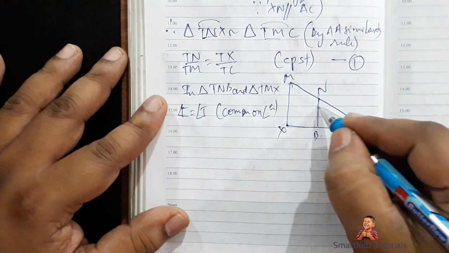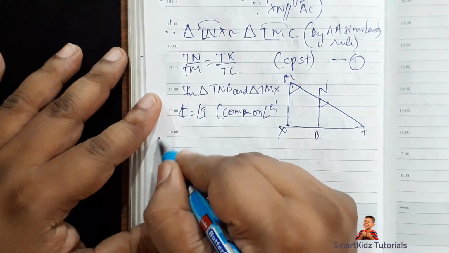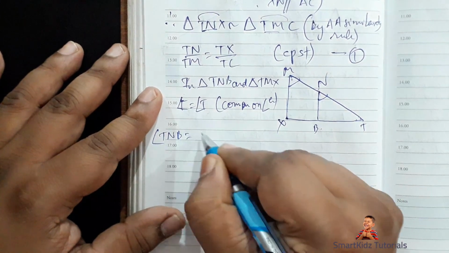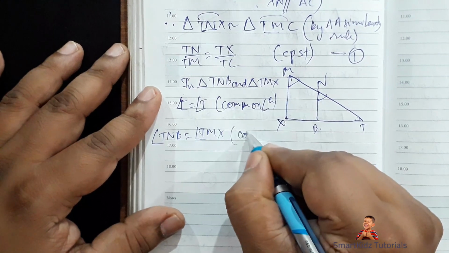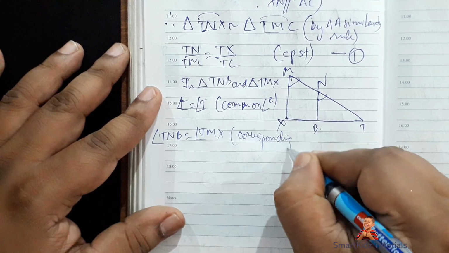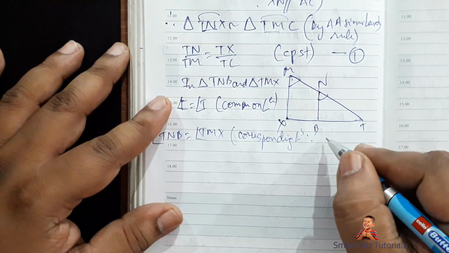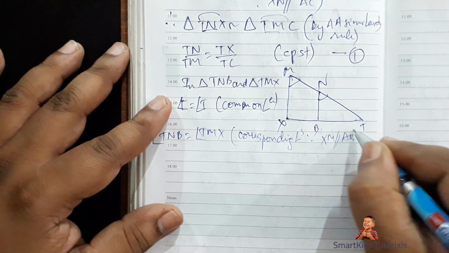Next we can say this angle is equal to this angle because these two lines are parallel to each other. So we say angle TNB is equal to angle TMX, and we write this as corresponding angles, since XM is parallel to AB.